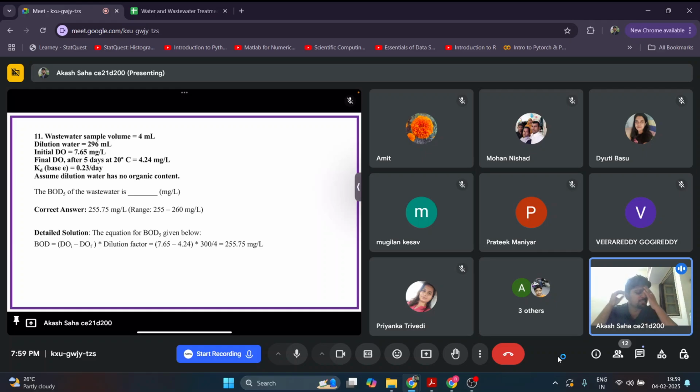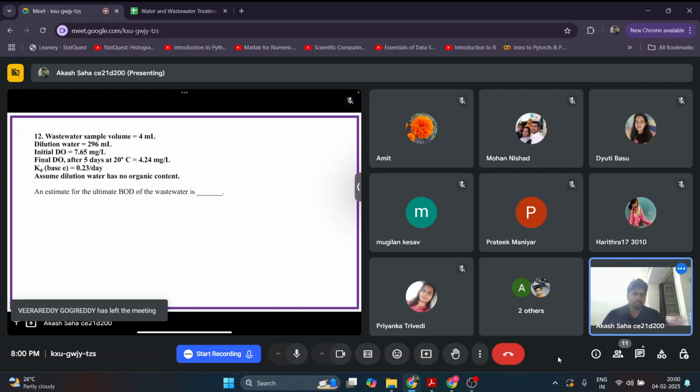Like whatever I discussed in the previous problem, the same thing. Same problem, next part. Now the next part is an estimate of the ultimate BOD of the wastewater. So now we have to find out the ultimate BOD.